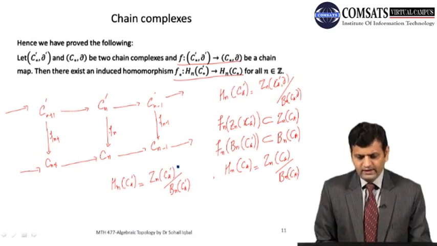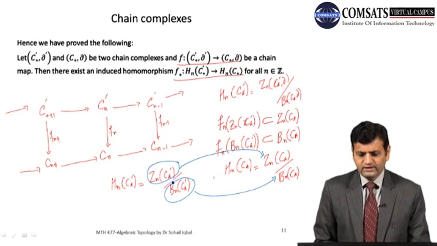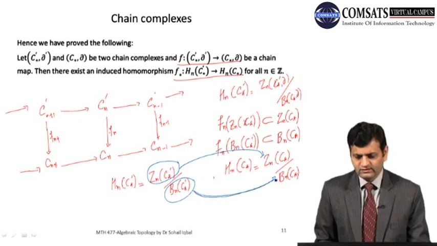Now when I apply fn on this, then this is contained inside this, and this is contained inside this. In other words, when I take images of elements of Z of C star prime, they are contained in this, and this is contained inside this.